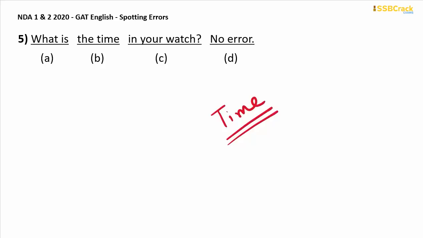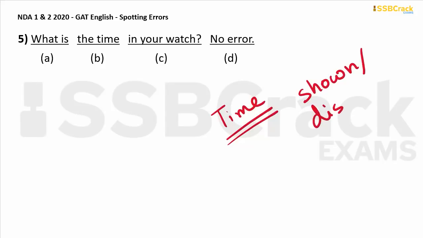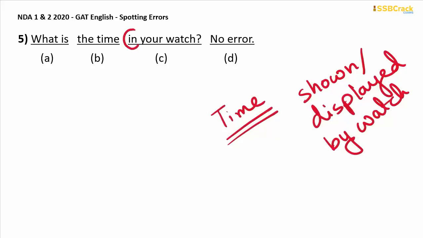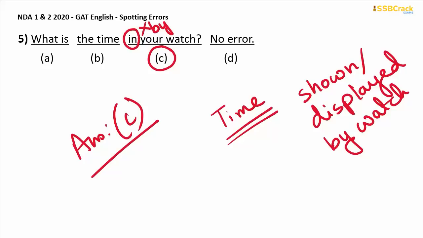Therefore, time needs to be always shown or displayed by a watch. So here, usage of in is incorrect. It should be, what is the time by your watch? By your watch will be the correct phrase. So the error was in part C of the sentence. So your answer is option C.